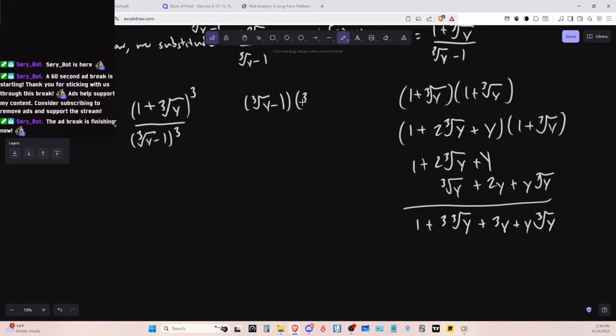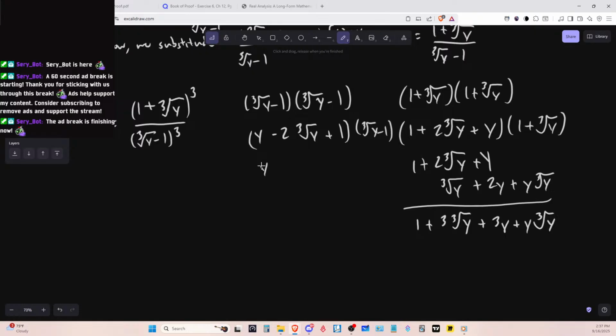So we'll do it this way. Then we're left with y. Then minus the cube. And then plus 1. And then after that, we gotta do this again.